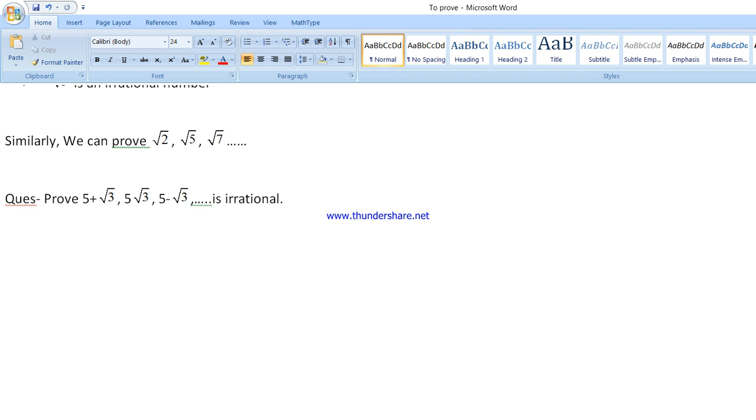Similarly, for 5 root 3, you will prove first that root 3 is irrational, and then you will write down that the product of a rational number and an irrational number is an irrational number. So this is how we prove a number to be irrational. This is a very, very important question from C.B.S.E. point of view. Thank you.